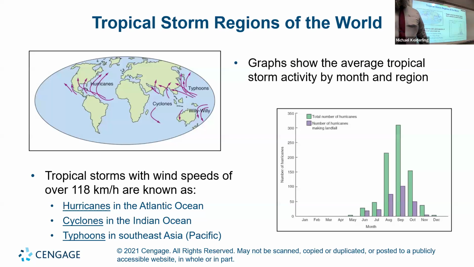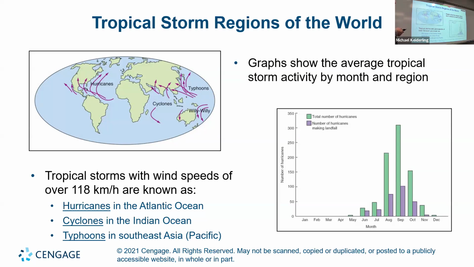So graphs show the average tropical storm activity by month and region. You can see there are hurricanes over here hitting the US, typhoons over in the Pacific, cyclones in the Indian Ocean, and if they're hitting Australia, they get called Willy Willies. So in the Atlantic Ocean, they're known as hurricanes. In the Indian Ocean, they're known as cyclones, and they're known as typhoons in Southeast Asia, in the Pacific.